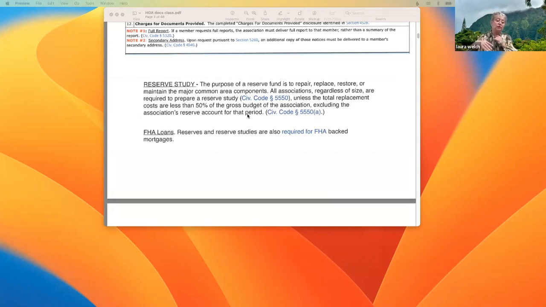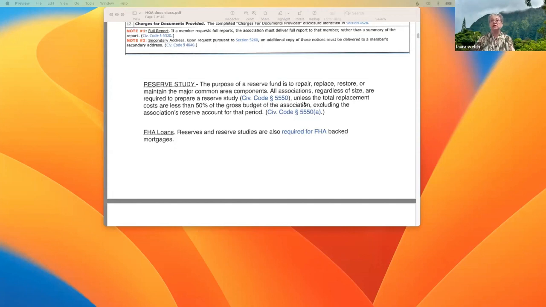Or if you have flat roofs and they're foam roofs, those have to be replaced I think every 10 or 15 years. These are major things. The reserve study will also talk about just regular maintenance in the reserves. How much is it going to cost to keep the landscaping done? Things like that.